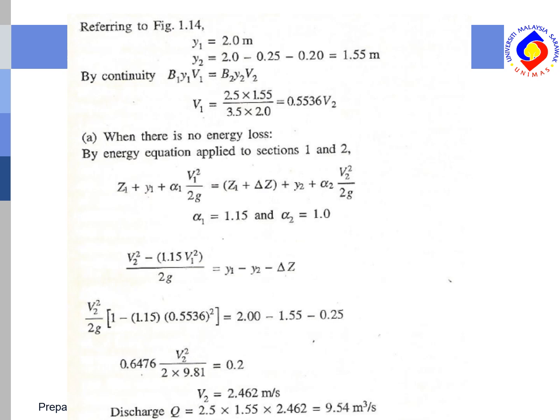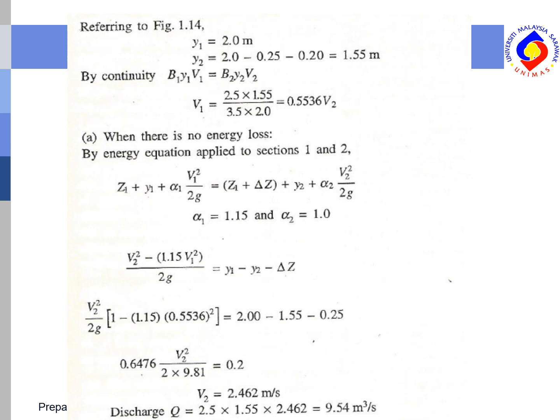So at section 2, it is 2 meters minus how much the bed has been raised, which is 0.25 meter, and minus 0.2 meter, which is the difference in the water surface elevation given in the question. So the flow depth at section 2, Y2, is equal to 1.55 meter.